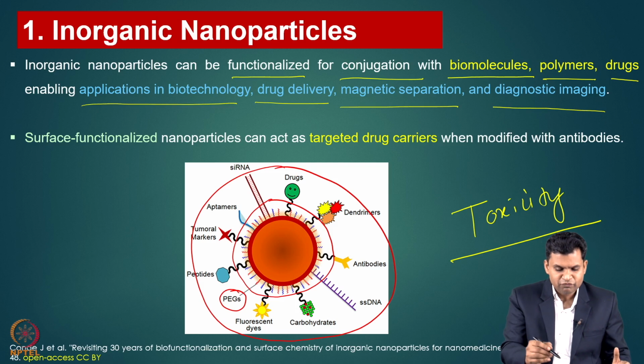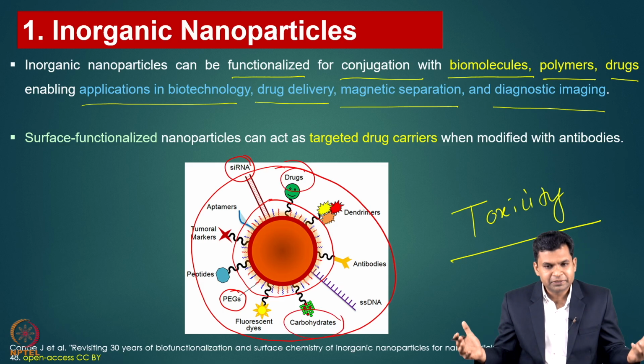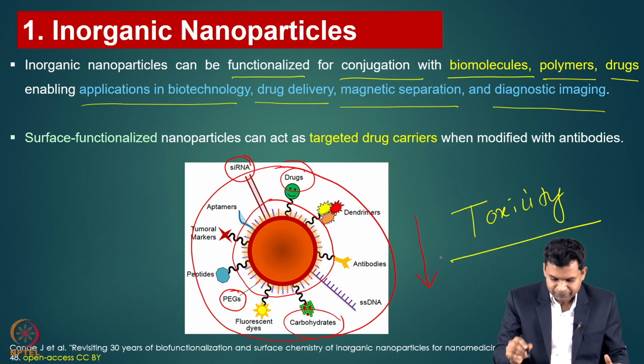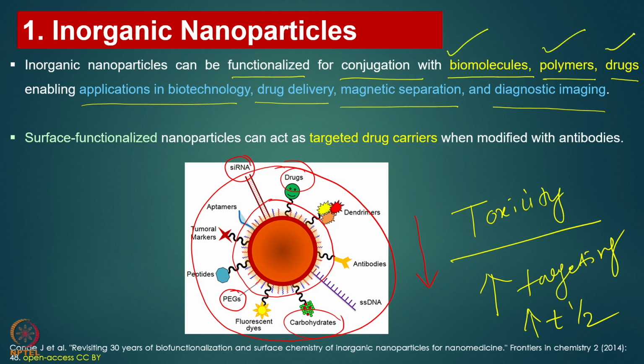And you can also use various biological molecules and drugs, and various carbohydrate based polymers and carbohydrate molecules. With that, you can reduce the toxicity as well as enhance the targeting in the cells, and also enhance the circulation time, that is the half life of the molecule, by using these biomolecules and polymers. Drugs also you can use for drug delivery application.